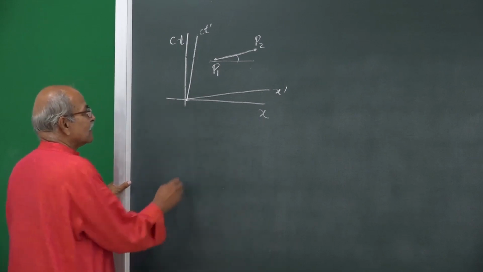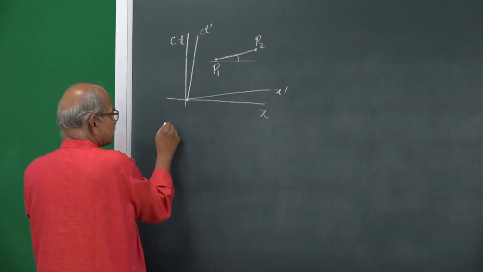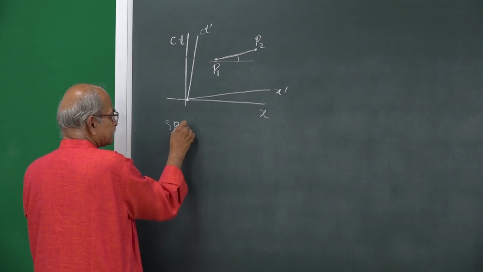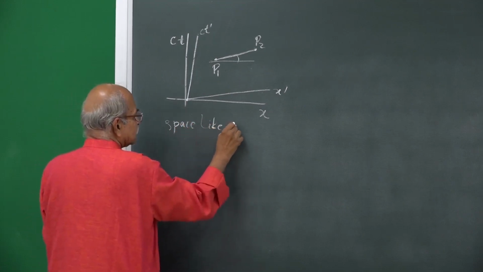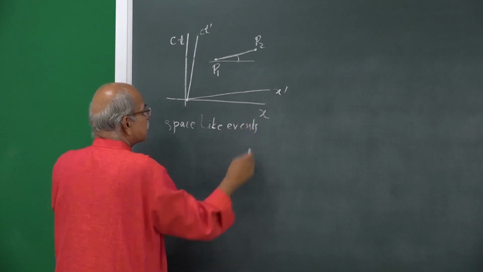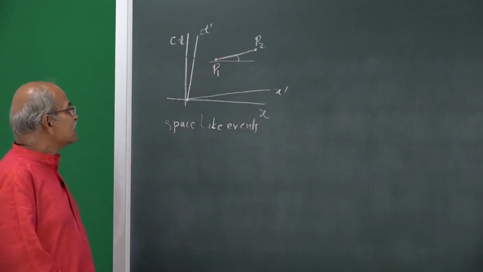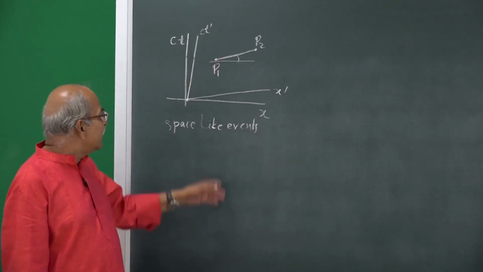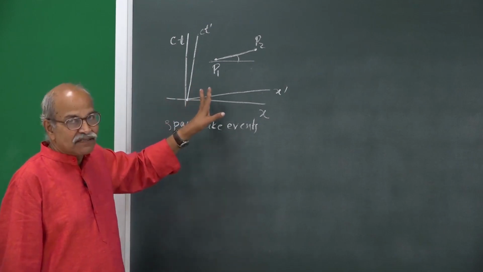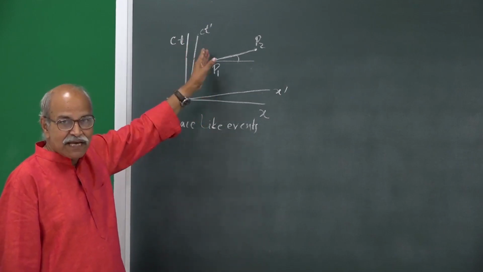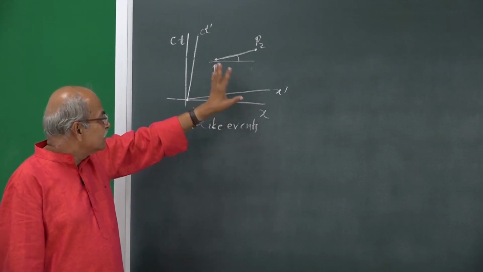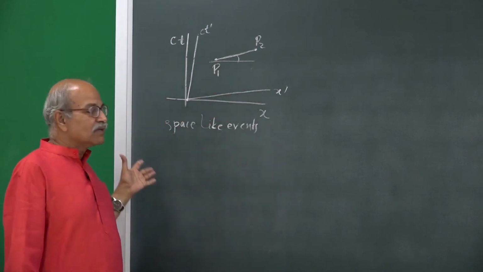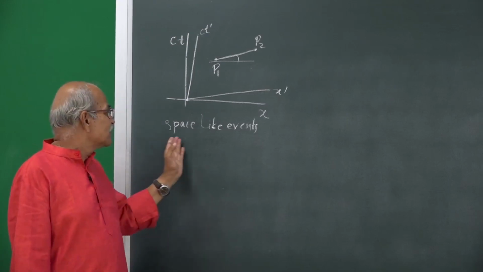Such things are called space like events. This pair of events is space like in the sense that the space coordinate will always be different. The time coordinate will be same in one particular frame S prime, but in any frame the space coordinate has to be different. They are called space like events.